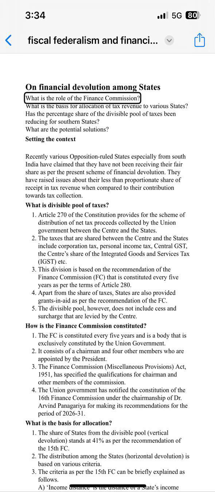Now, in the recent 6 finance commissions tenures, instead of 41%, so far the tax revenue vertically devolved, shared with the states, stands at 32%, not 41%, right? You must remember the vertical devolution of the net tax revenue of the central government with the state government should be 41% as stated by the 15th Finance Commission.